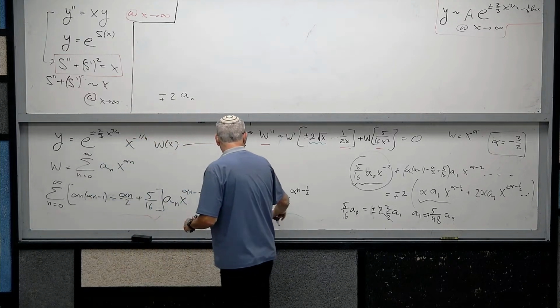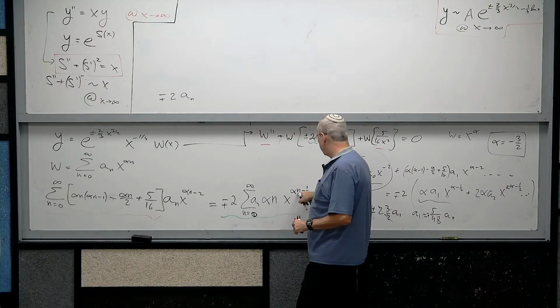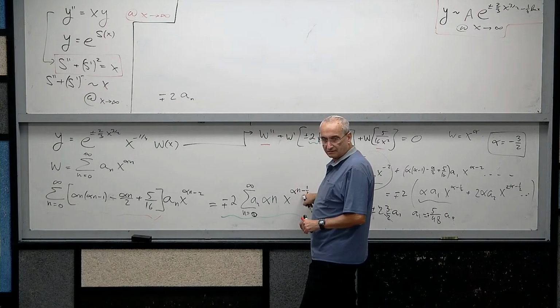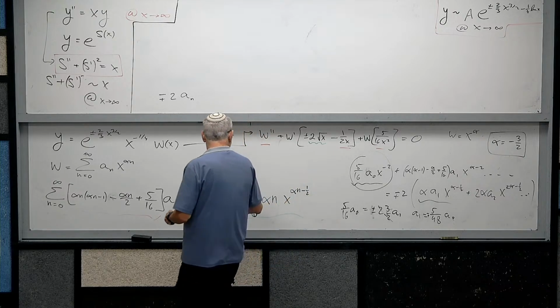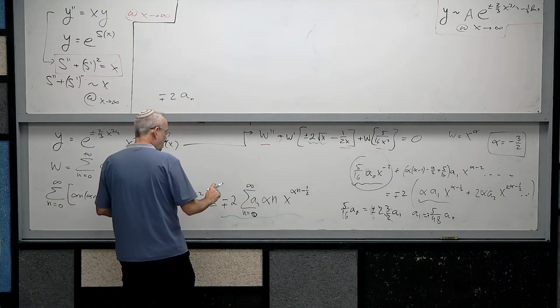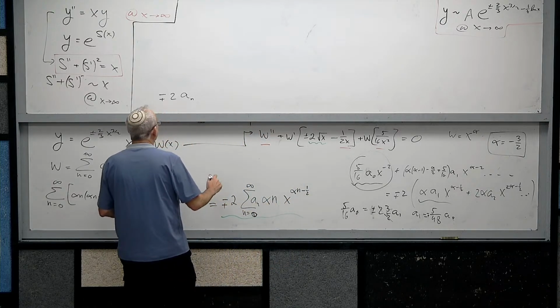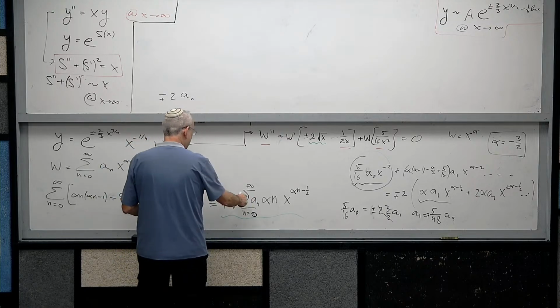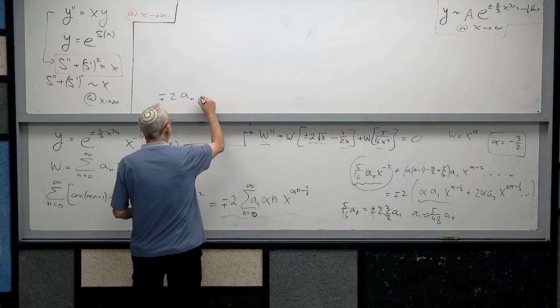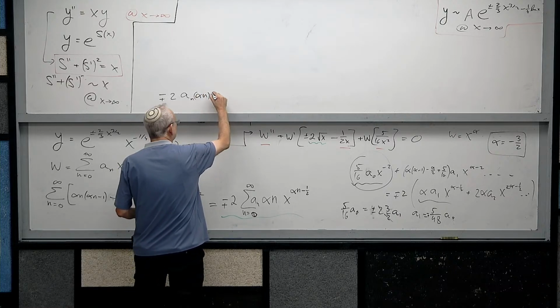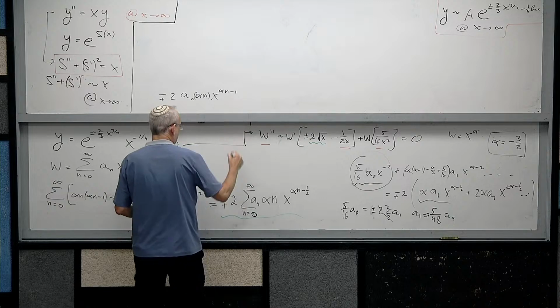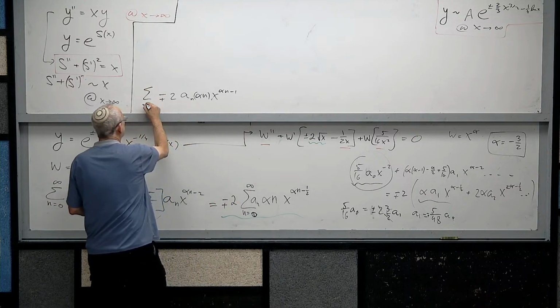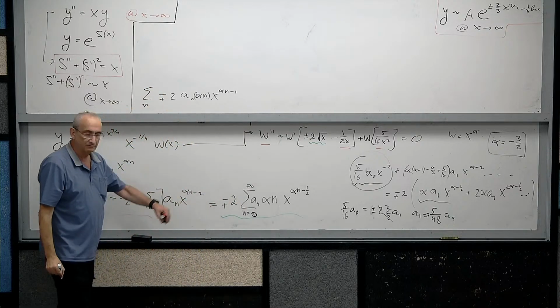I want to make this go from n to n plus 1. What's written here, the term is minus plus 2 a n alpha n x to the alpha n minus 1, and we have the sum over this.